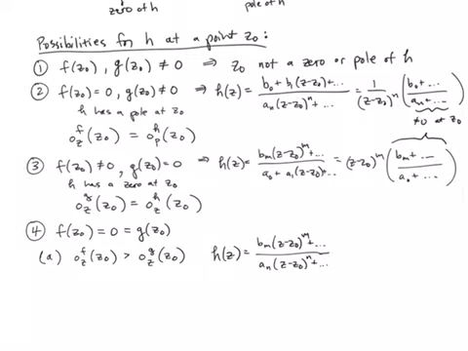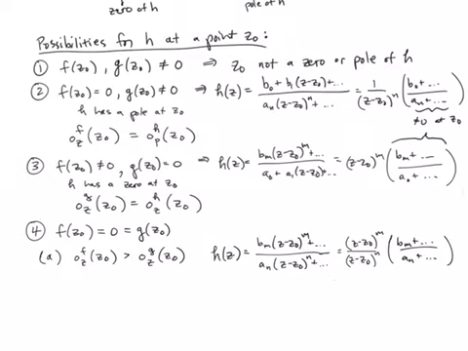So if we pull out the (z minus z naught) to the n on the bottom there, and the (z minus z naught) to the m on the top, then we have (b_m plus dot dot dot) over (a_n plus dot dot dot), again in parentheses, a function that doesn't vanish at z naught.